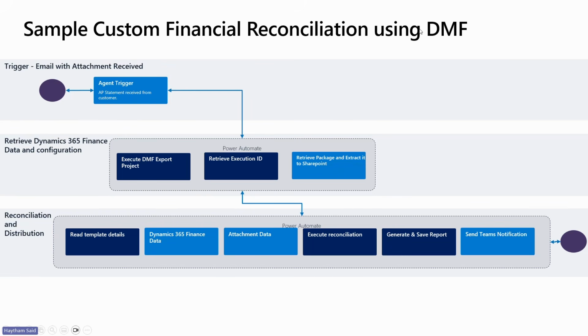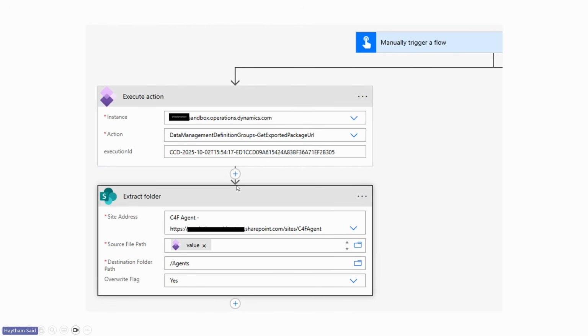You can create a flow that will create and execute a data export project, and then save this project into a SharePoint folder where you can pull the URL, extract the files, put them in a CSV, run the reconciliation, send you the report, something like that. All you need to do is get the exported package URL, supply the execution ID, or you can literally start everything from the flow.